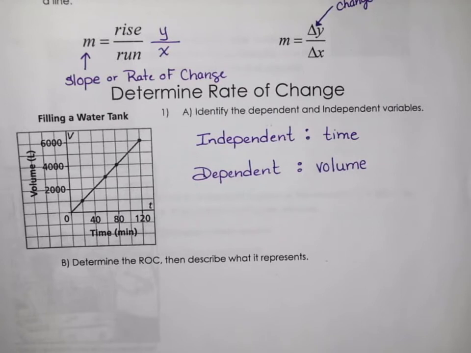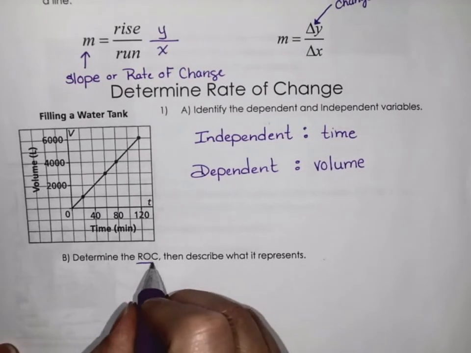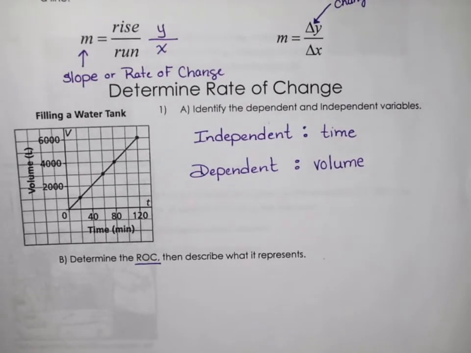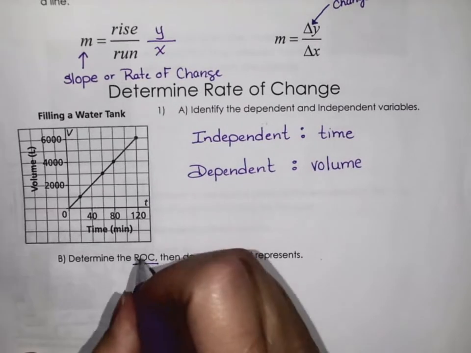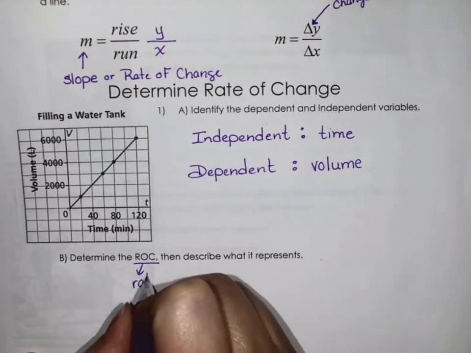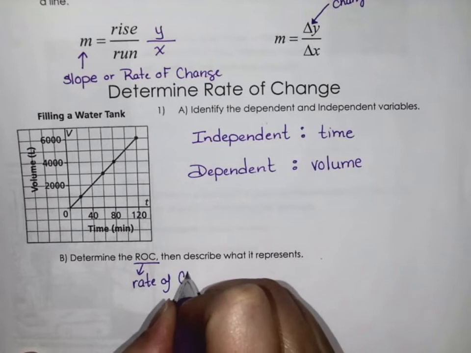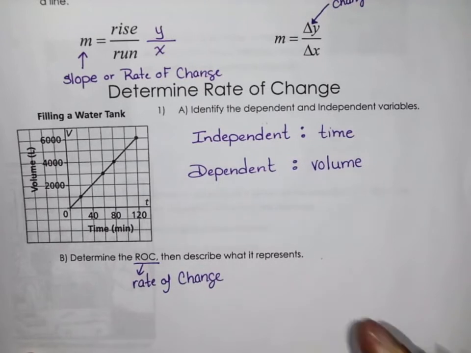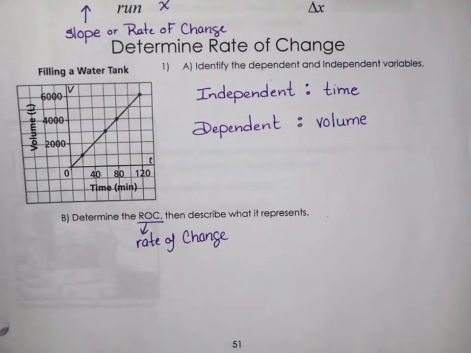Okay, so ROC. What does ROC stand for? Anybody got a guess? Rate of change. I'm not a big fan of typing long things, so I like to abbreviate them when possible. So we're going to talk about what's happening in between the points on our linear relation.